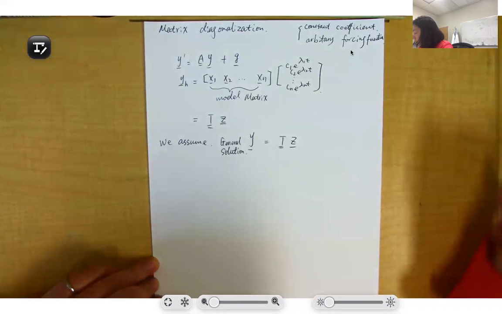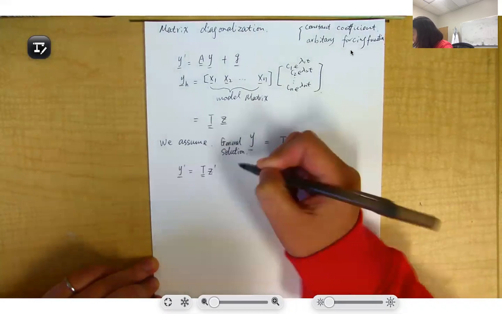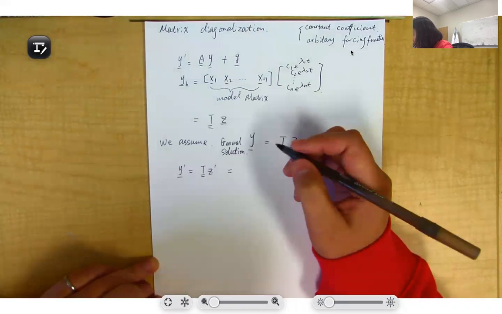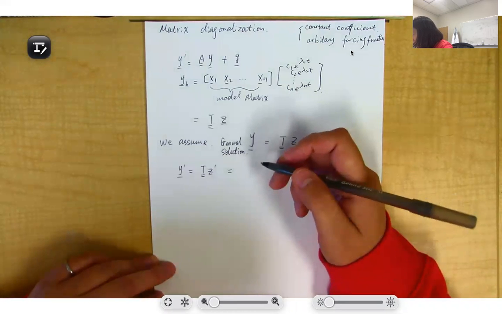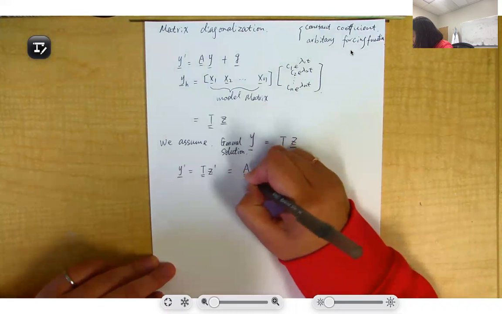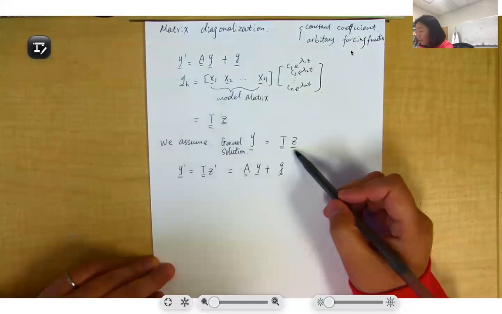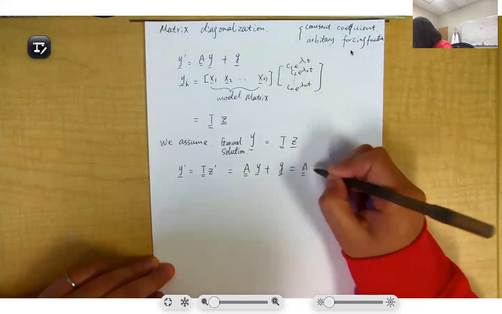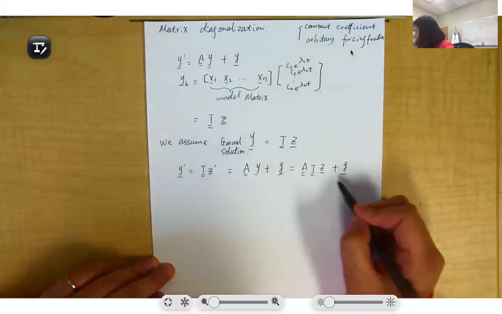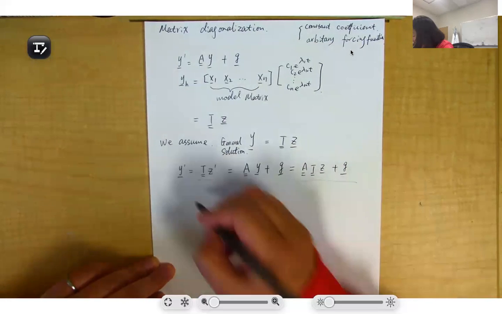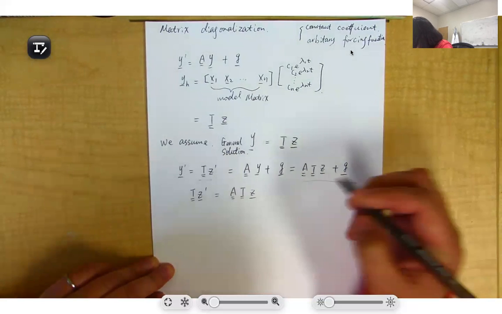Then y prime equals Tz prime, which equals Ay plus g, and with y equal to Tz, this is A Tz plus g. So these two parts should be equal: Tz prime equals ATz plus g.